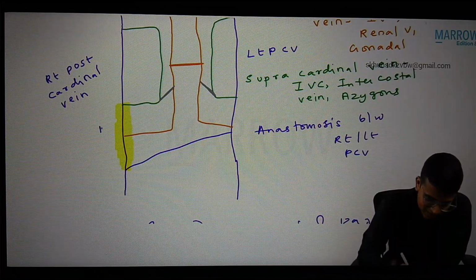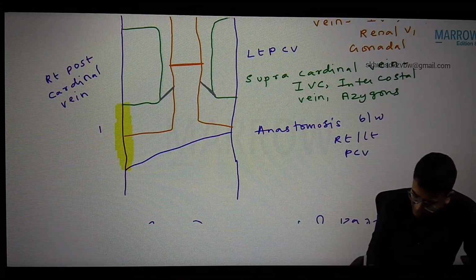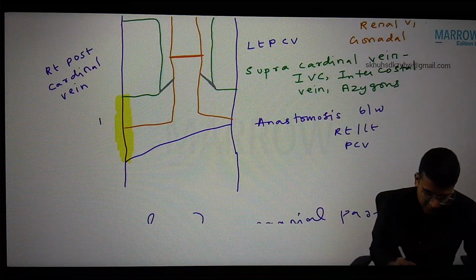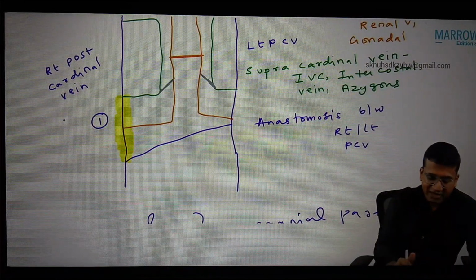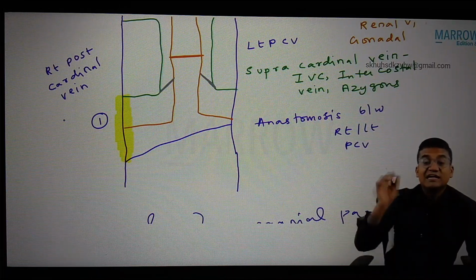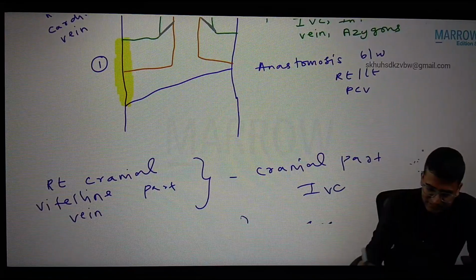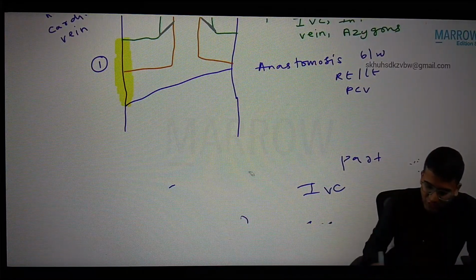So we're going to write the sources for IVC. Okay. So number 1, the first source. The part which I highlighted, that part is called sacrocardinal vein. So sources for IVC, number one. What is number one? Number one is sacrocardinal vein.